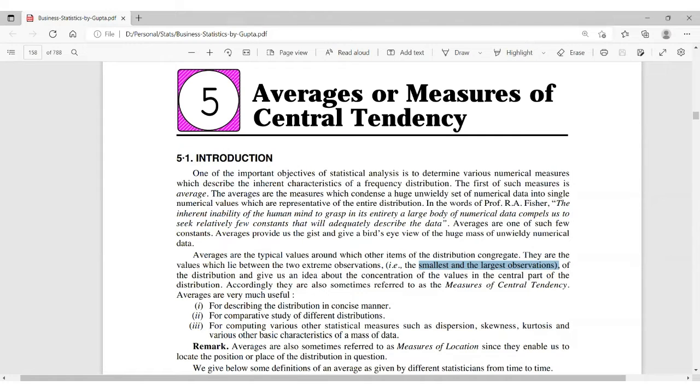Why is it central tendency? Because averages are the typical values around which other items of the distribution congregate. They are values which lie between two extreme observations.